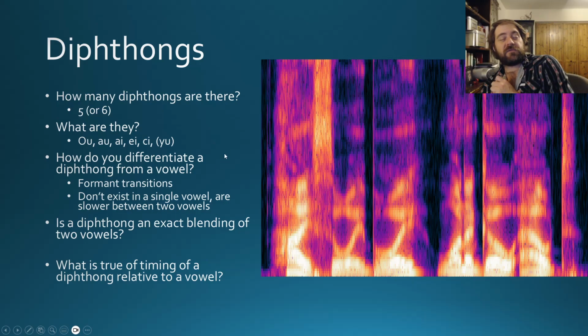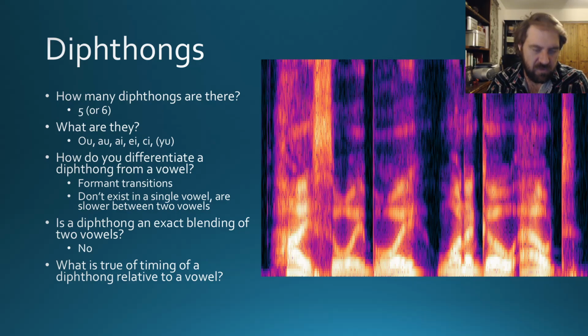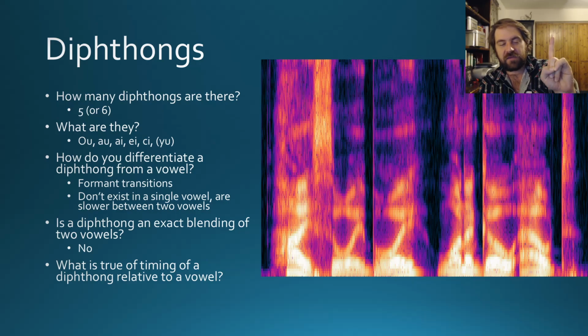Is a diphthong an exact blending of 2 vowels? No. And there's a couple ways that this is true. I'm only going to tell you one because the second one is the next question that I have on here. So is the diphthong an exact blending of 2 vowels?